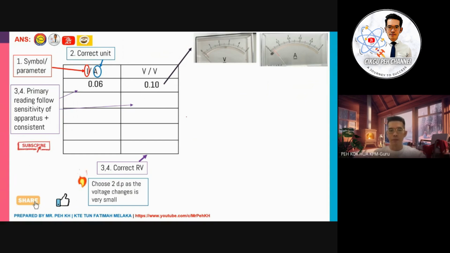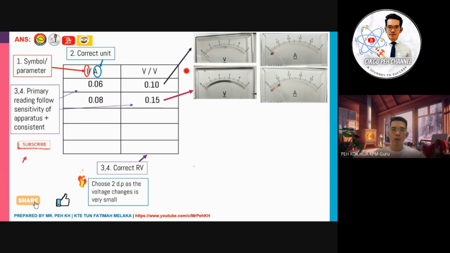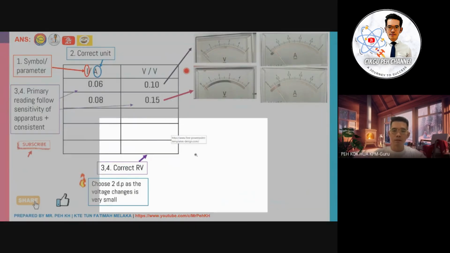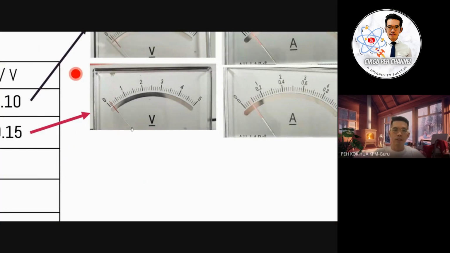Okay, so let me show you my second reading. When the ammeter is showing 0.08, my voltmeter reading, you can see the pointer is at the middle. As I taught you just now, let's say we use the smallest division as 0.1.